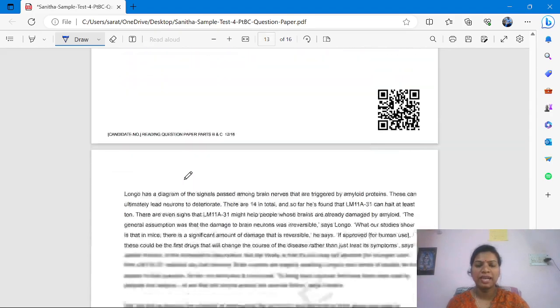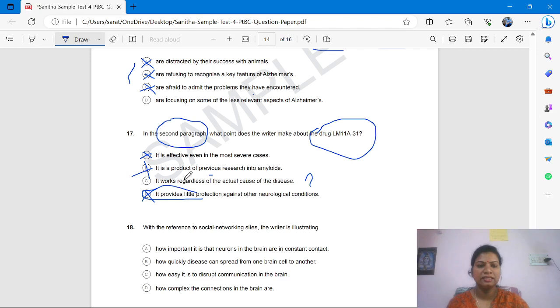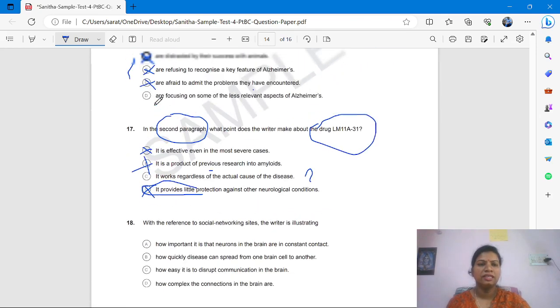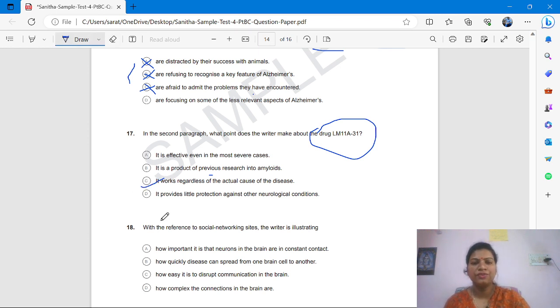So what is the answer here? See, it works. The answer is C. It works regardless of the actual cause of the disease.